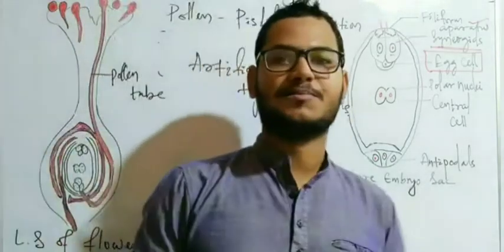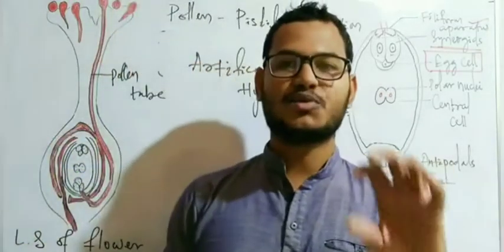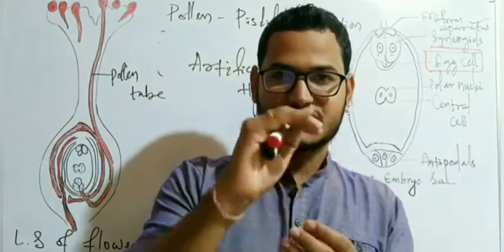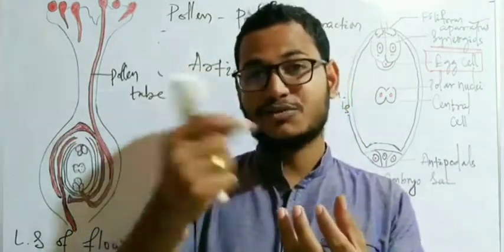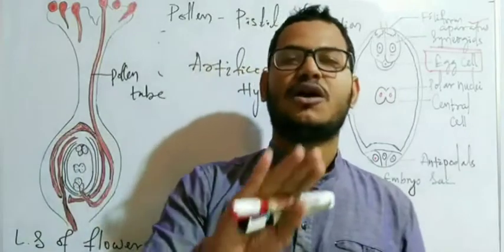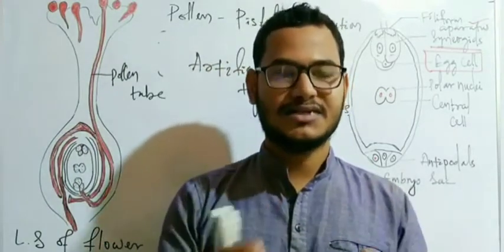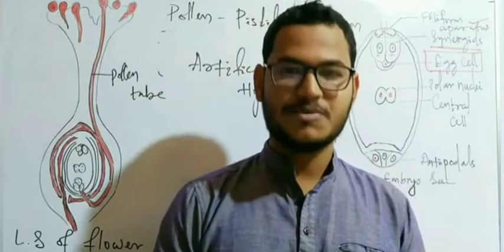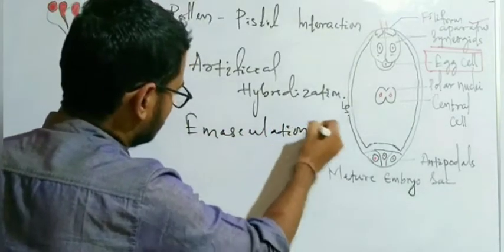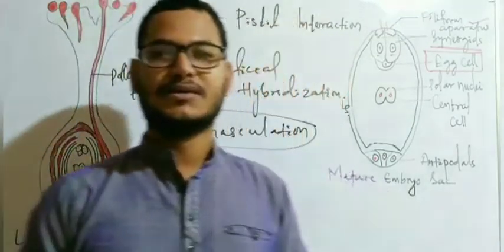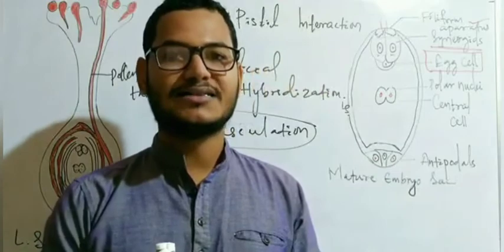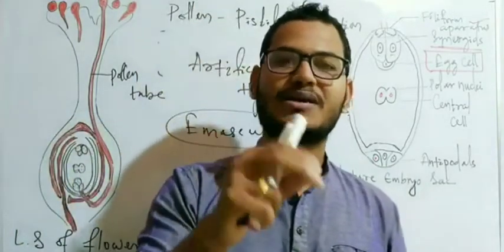Okay, so artificial hybridization is the method by which the stigma is protected from contamination with unwanted pollen. It is not allowed to interact with pollen grains naturally. This is achieved by emasculation. So what is emasculation? We need to know. Emasculation is the process, done only in the case of a bisexual flower, in which we remove the anthers from the bud before dehiscence.